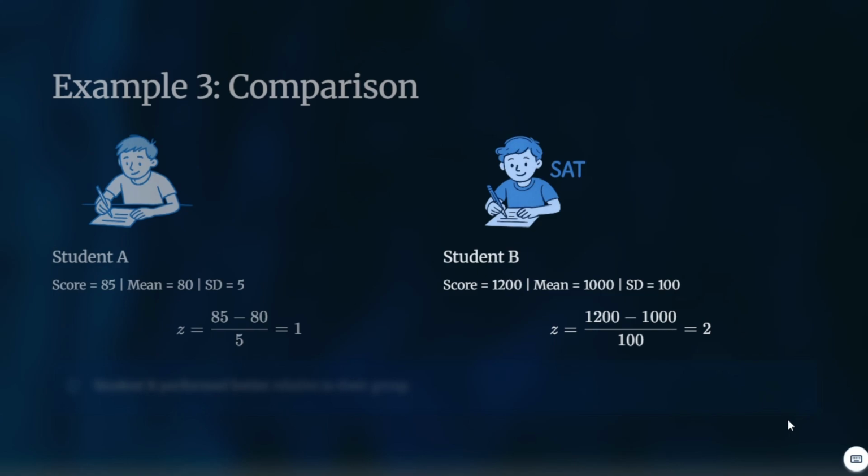So if we convert that score to a z-score, it will be 1200 minus 1000 divided by 100, which will be equal to 2. So in this case, student B performed better relative to their group. Even though the raw numbers look incomparable, z-scores make any two values comparable.